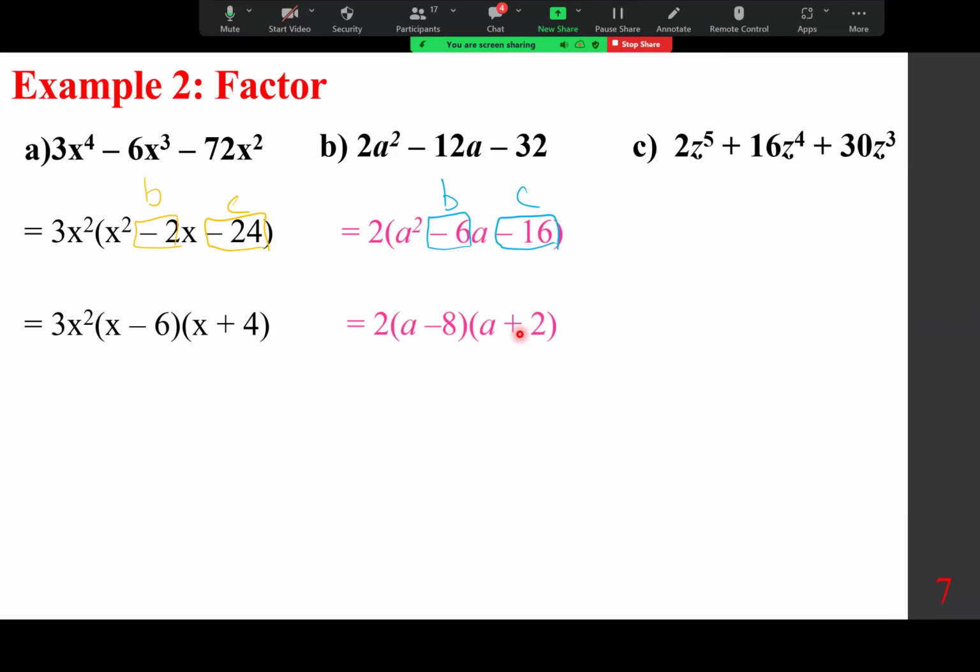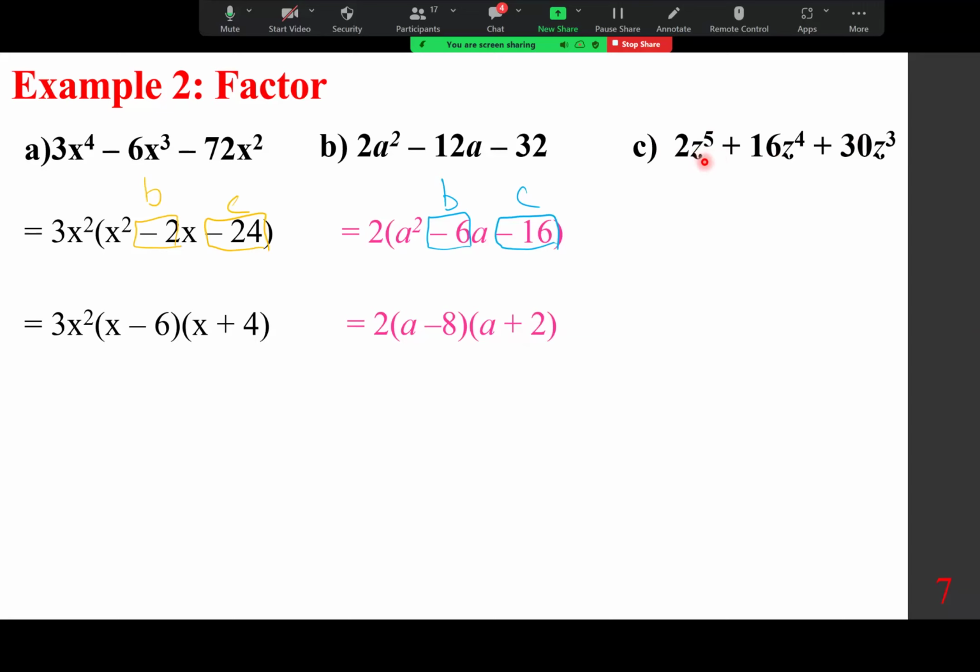Can anybody tell us what's in common here? What is the GCF? The GCF is 2z cubed.